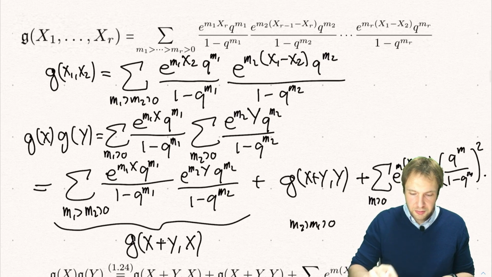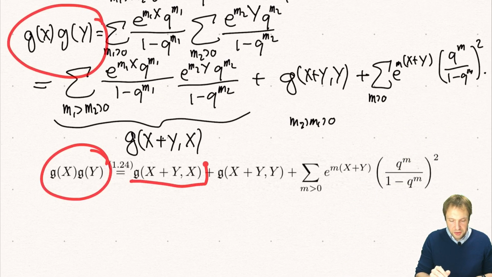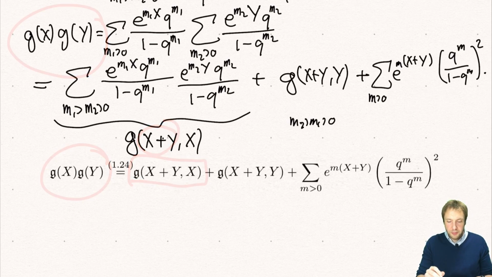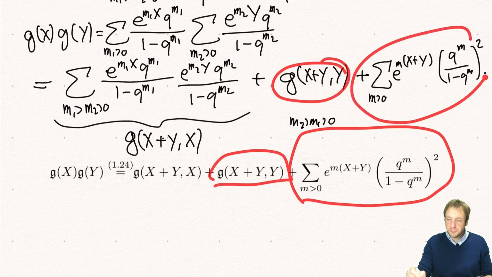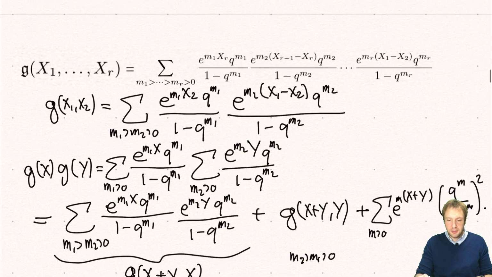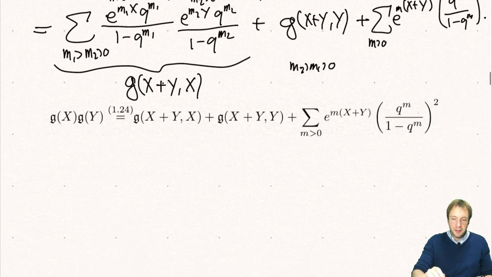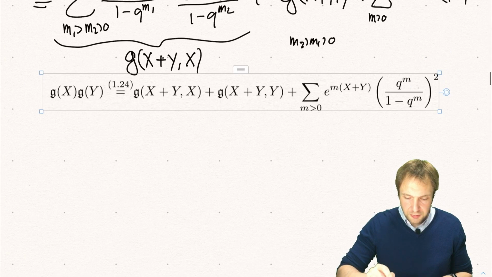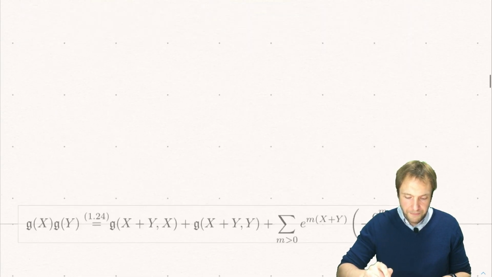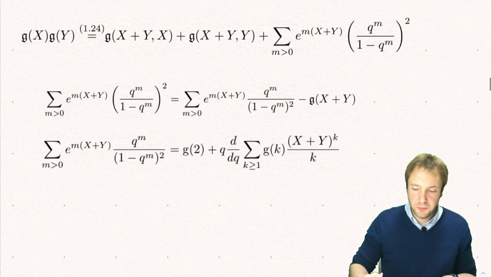The product of two of these g's is this g in depth 2 with this change of variables, and then we have this term here, which we now want to write in terms of these generating series. And this can be done in the following way, which is also part of the homework.